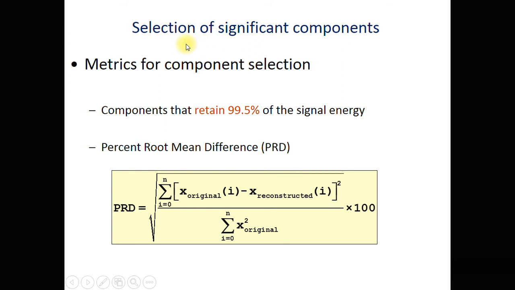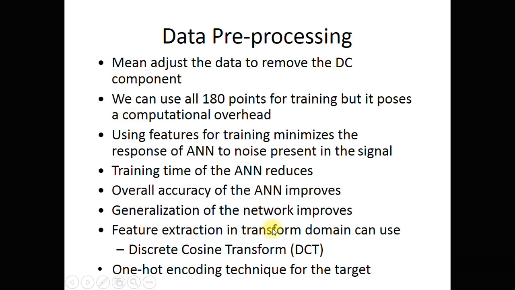Selection of significant components. How do I select? What are the important features that I have to extract? So I will retain only the components. Remember that we are going for the discrete cosine transformation. Now 180 samples, when we applied the discrete cosine transform, of course a single dimensional one, you must have studied the two-dimensional discrete cosine transform for images, but since this is a one-dimensional signal, we can use the 1D DCT to perform the transformation.